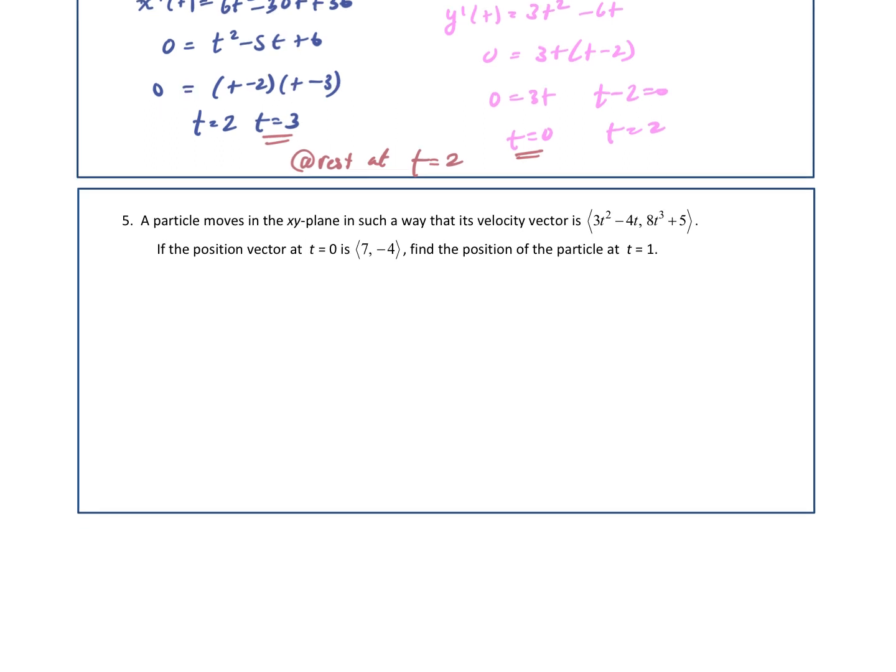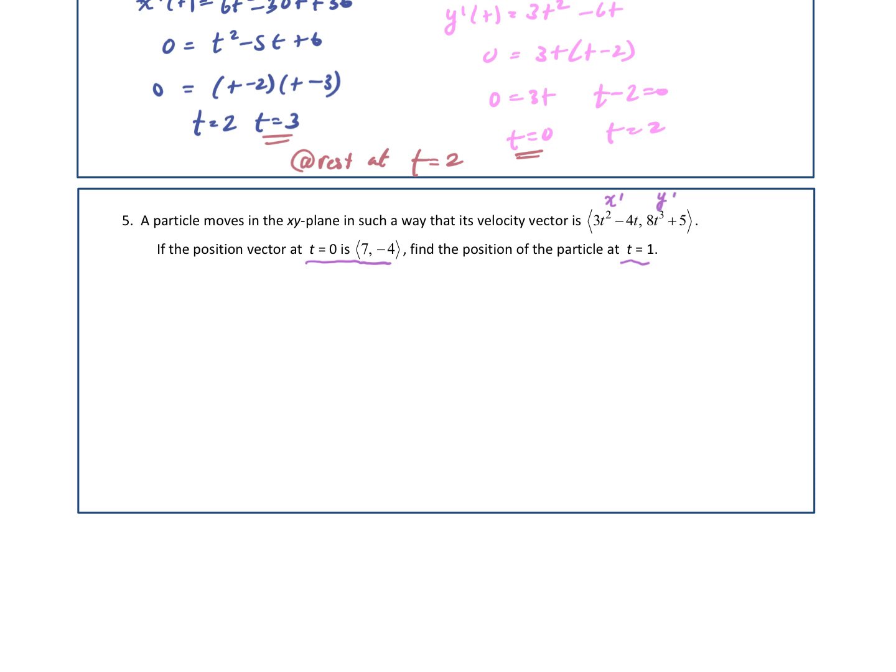And then for 5, they want us to find the position. Okay, so they give us an initial position, and we want to find it at 1. Okay, and this is our velocity vector. So this is my x prime, this is my y prime, okay?